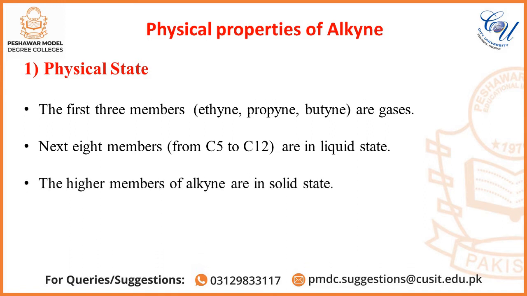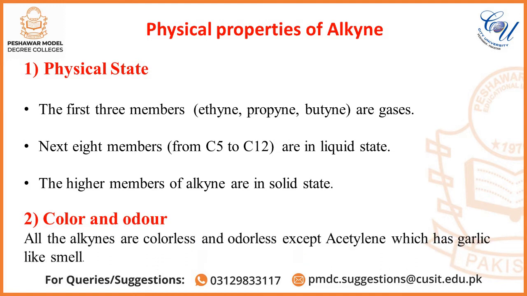The higher members of alkynes are in solid state. The next physical property is color and odor. All the alkynes are colorless and odorless except acetylene, which has a garlic-like odor.